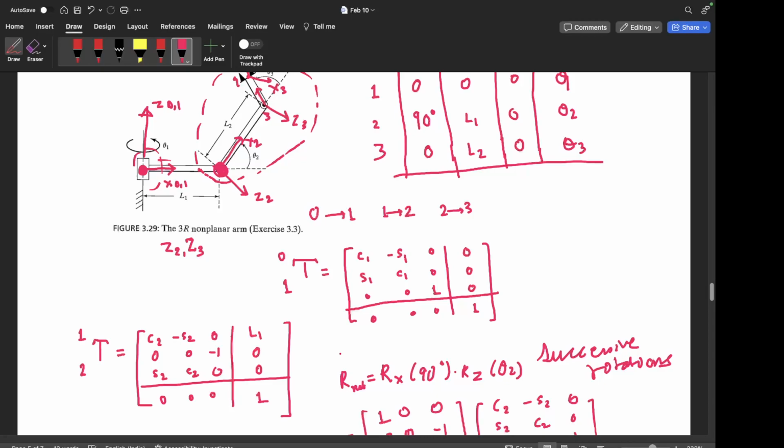Agreed? Is there any doubt in this part? I'm coming on to the geometry, but is it clear what purpose this transformation matrix is achieving? It's transforming a point described in frame 2, which is at this joint, to frame 1.